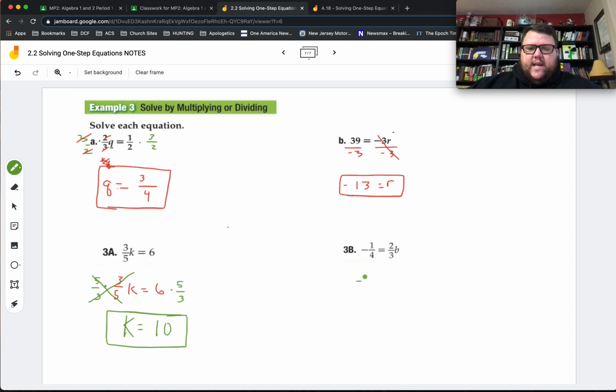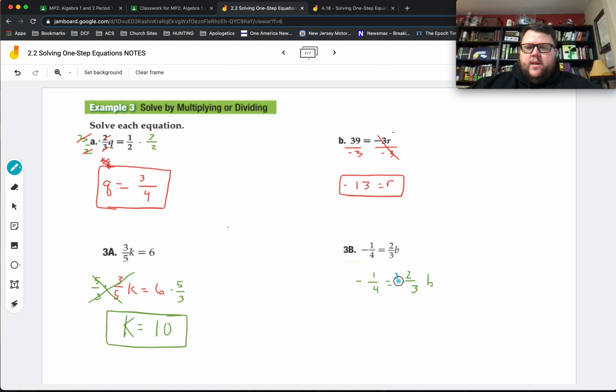Let me write this one down again. Negative 1/4 equals 2/3 b. Alright, so I'm going to multiply by the reciprocal.